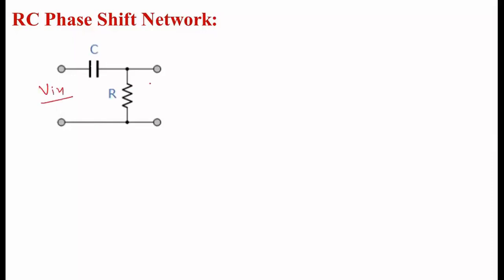So let's understand the concept of the RC phase shift network using this example. Here we have one combination of C and R. If we apply the signal at this point and take the output at this point, the phase shift between output and input will be 60 degrees for one such RC network.